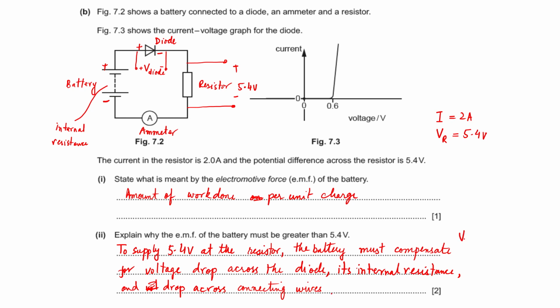So we can write that V battery equals VR plus V diode plus V internal battery plus V wires. In this way, the battery must be having potential difference or EMF large enough to supply all these values in order to move charge from one end to the other end in a circuit.